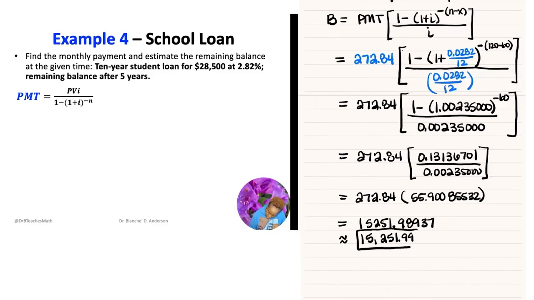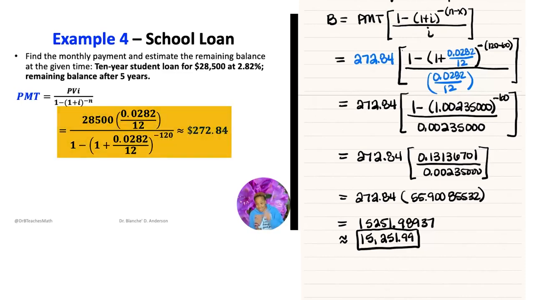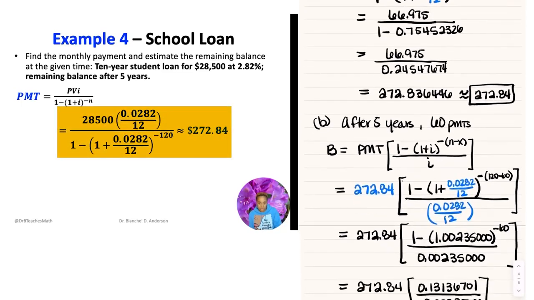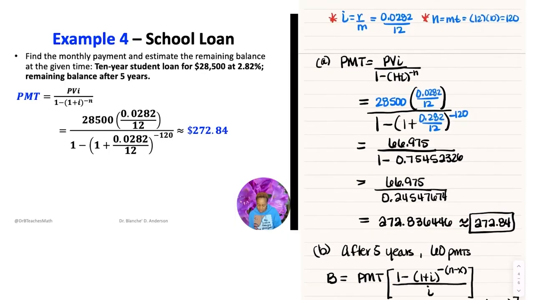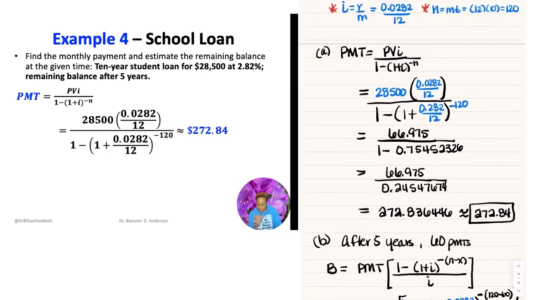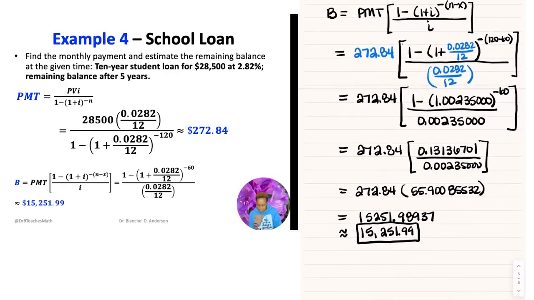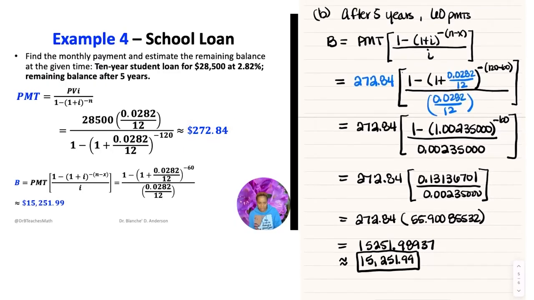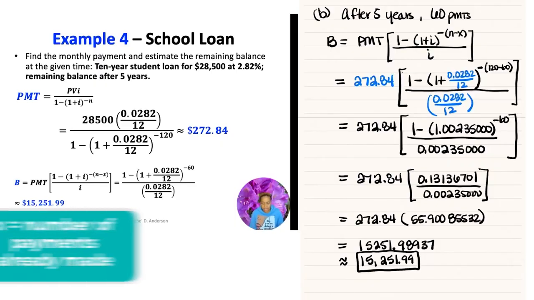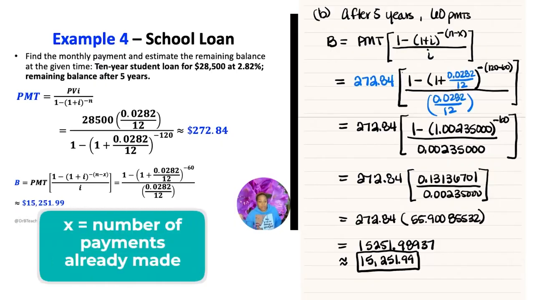Now remember, this gives you an approximation. If this were a bank, they would give you the exact, okay? So when we filled in the formula for the payment, we got 272.84. And then we found the number of payments after 5 years, and the X represents how many payments you've already made.